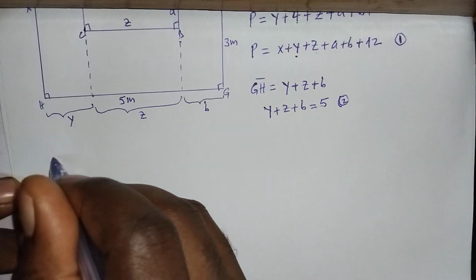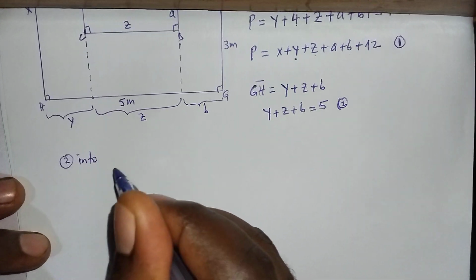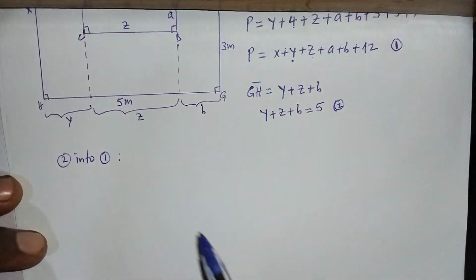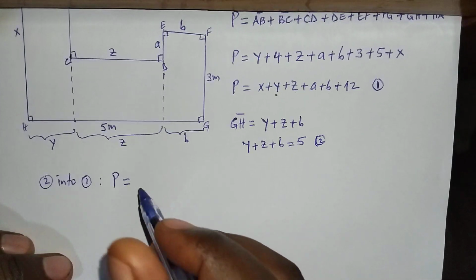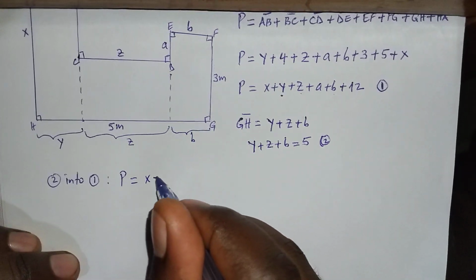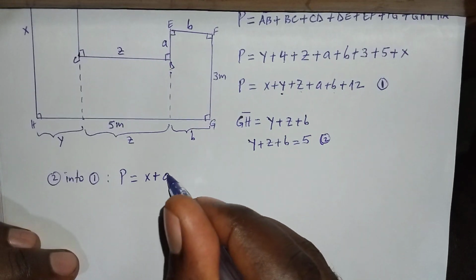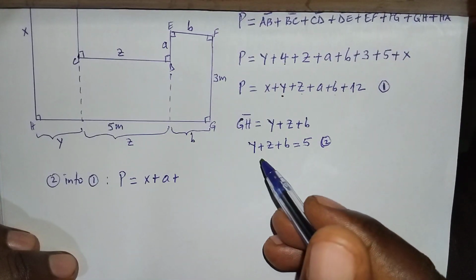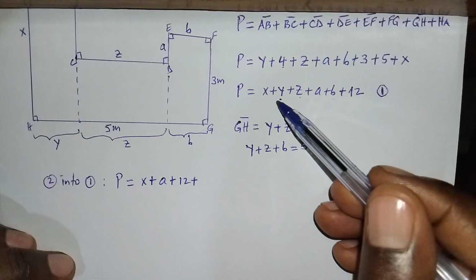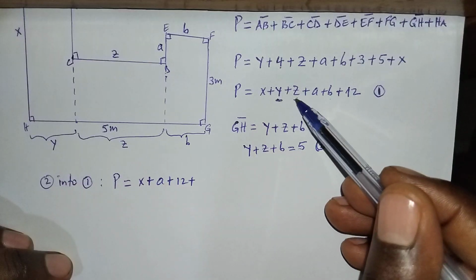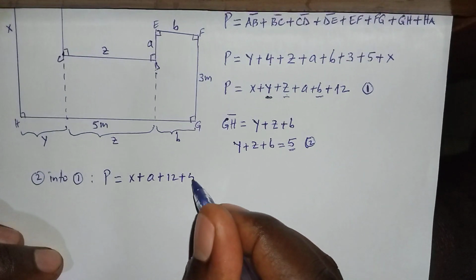Let us put 2 into equation 1. So we have perimeter is equal to x plus a plus 12 plus this y plus z plus b replaced by 5.